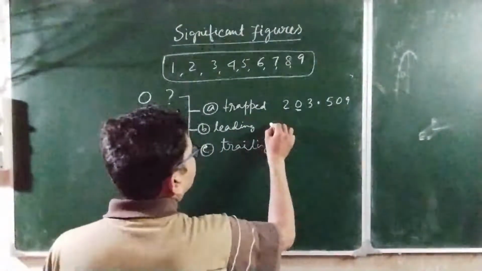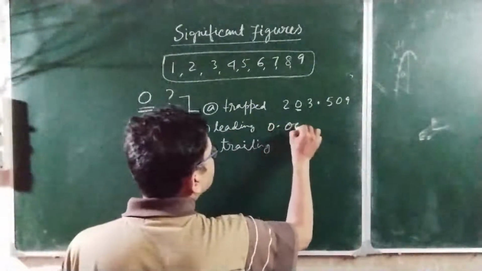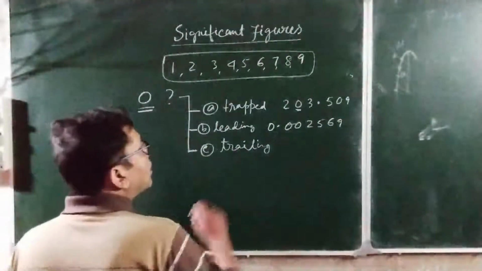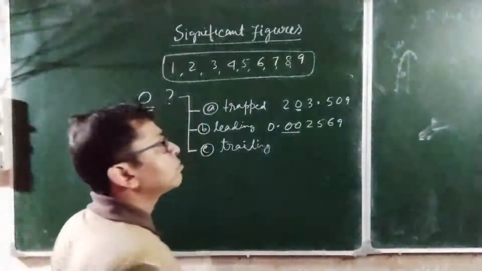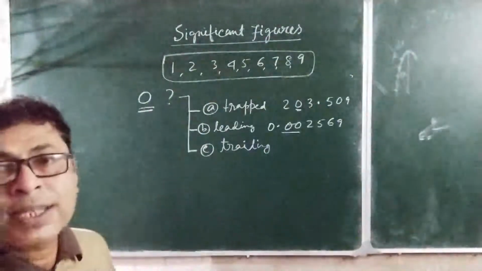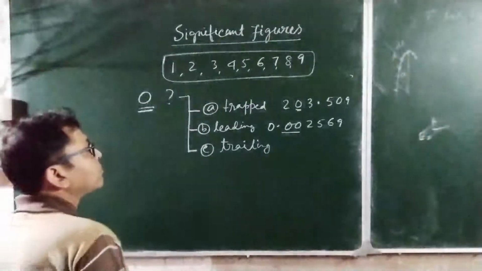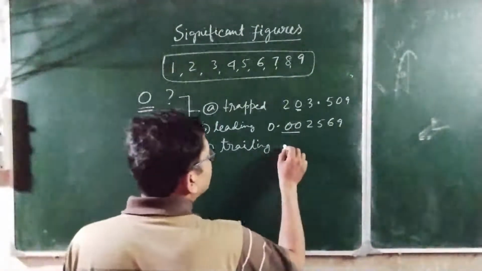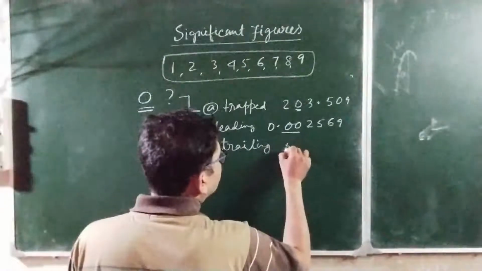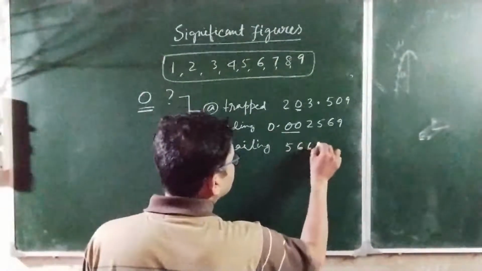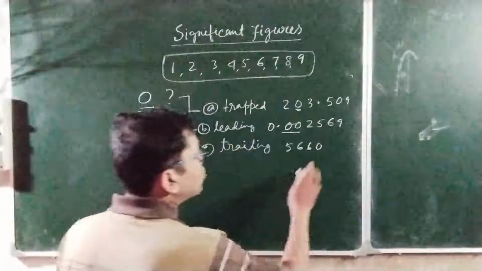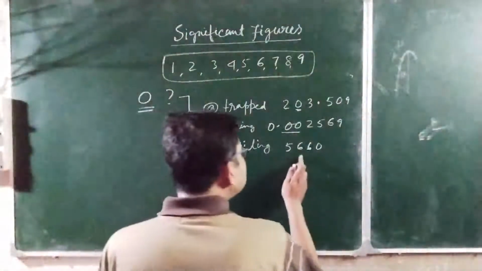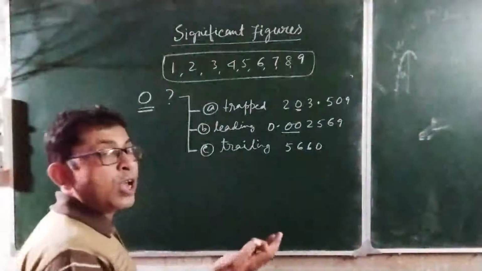Leading means suppose 002569. These zeros cannot be counted as significant. And the third one is trailing, like this one. Now in this case there are again 2 types.